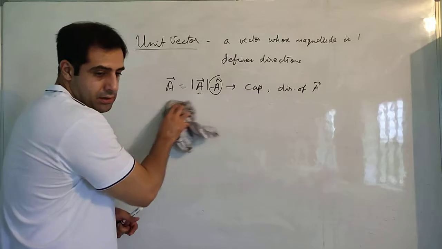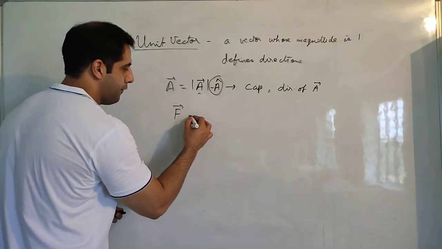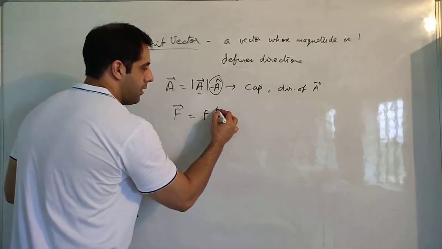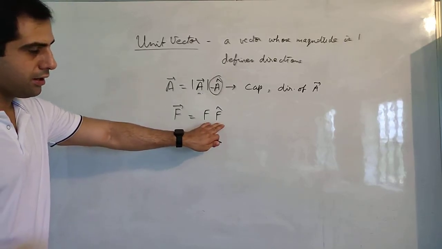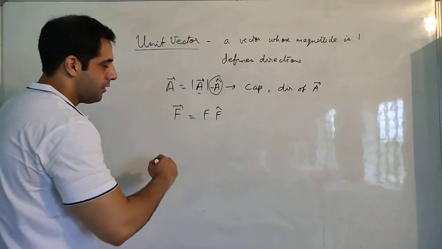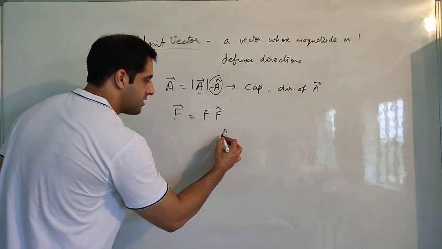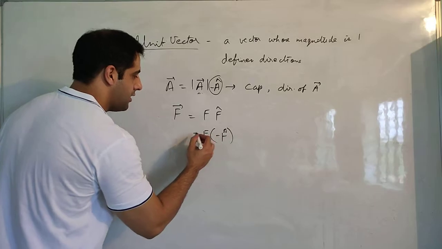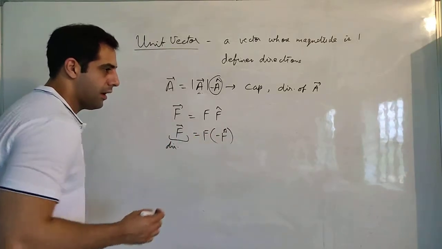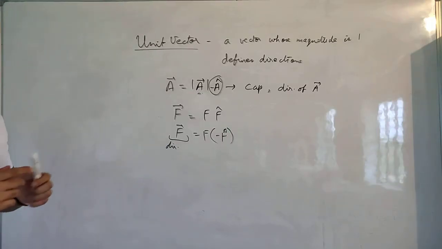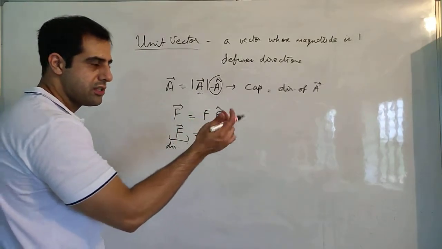Let us take an example. Let us say that there is a force vector F. It will be given by F into F cap. Vector F is equal to magnitude of force into F cap. Now if I reverse the direction, if I say that F cap now is negative, then this is going to change only the direction of vector F. You can take the value also. Let us say that the magnitude of this force is 10 newtons.